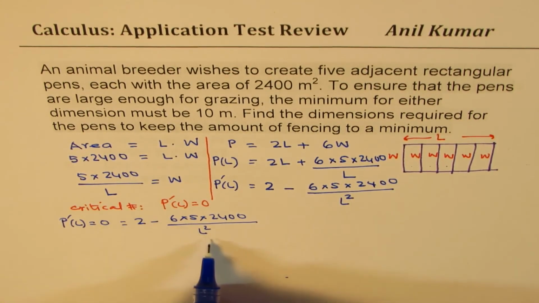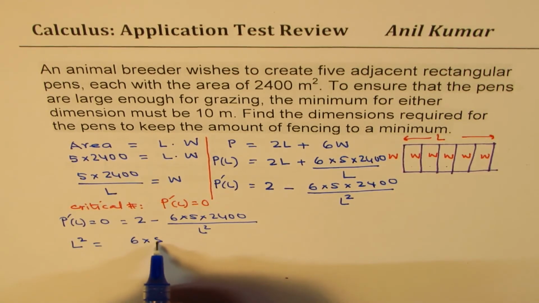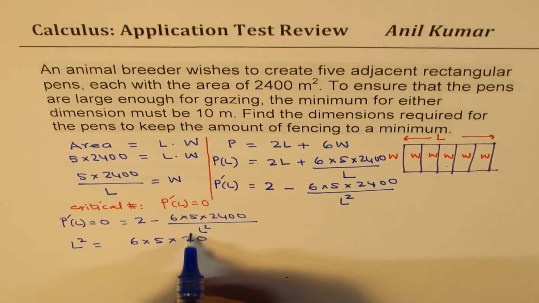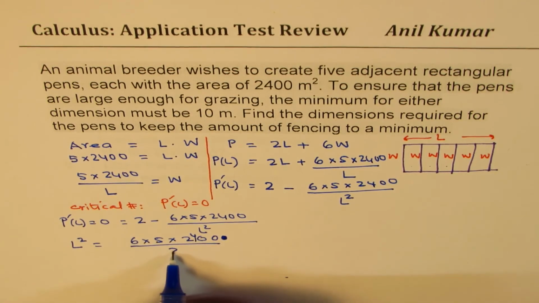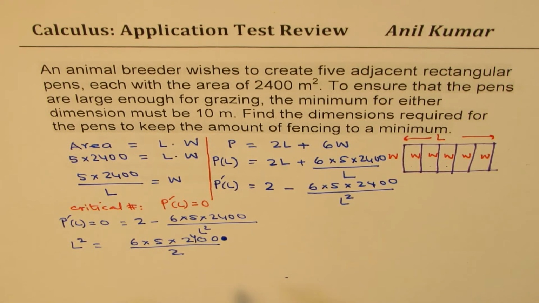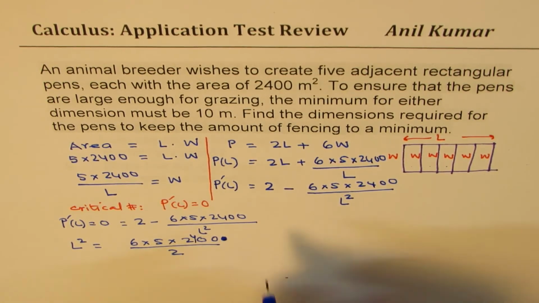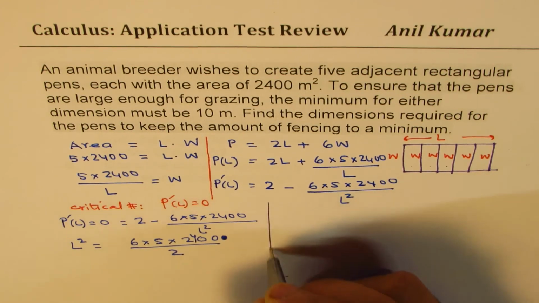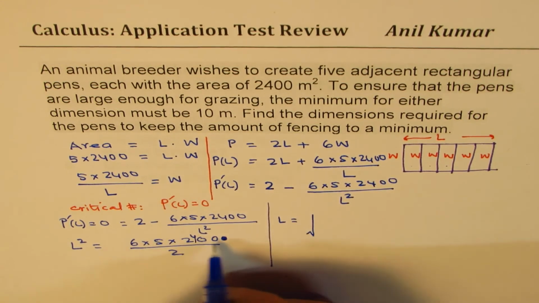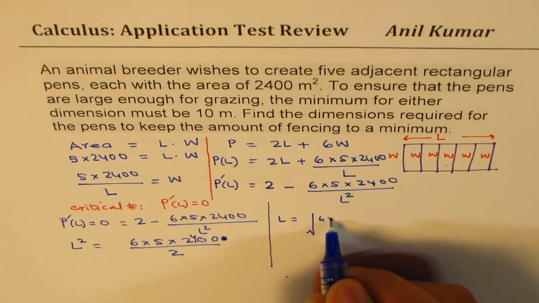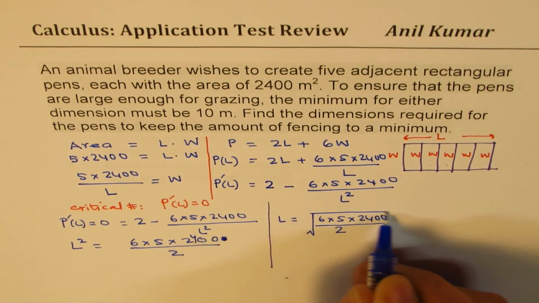Or we can cross multiply this, or we say L square is equal to 6 times 5 times 2400 divided by 2. So that becomes the length, and from here we can find the length as square root of this, right? So we'll write length as equal to square root of 6 times 5 times 2400 divided by 2.